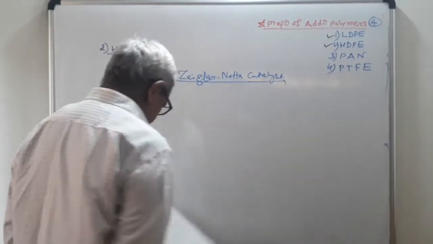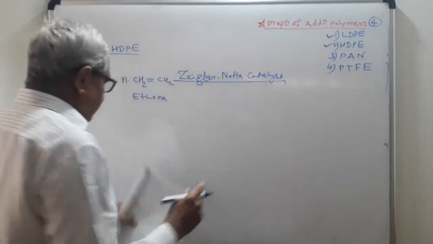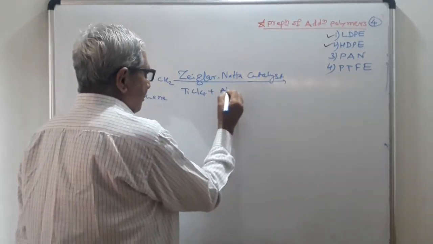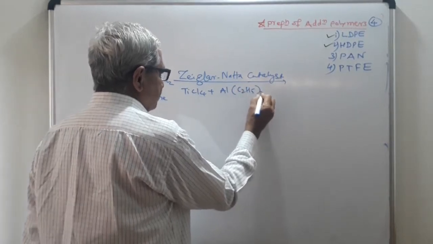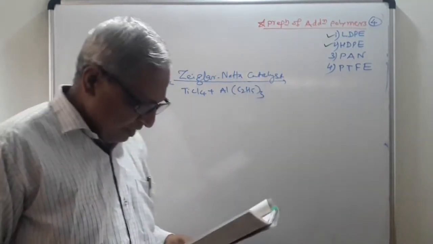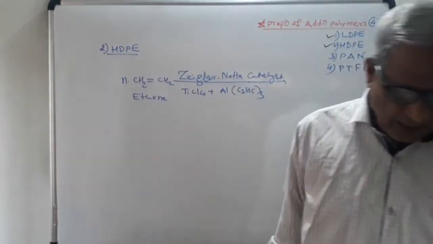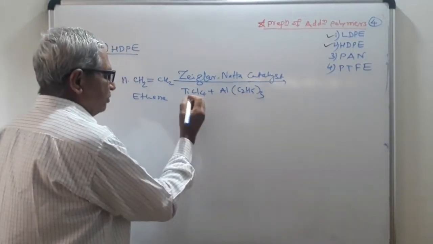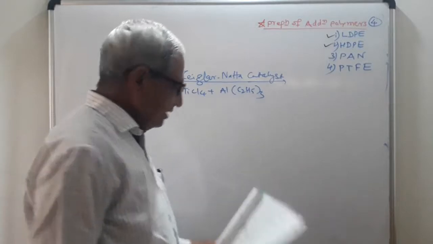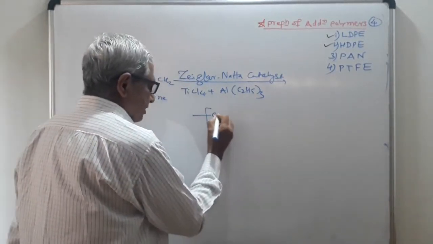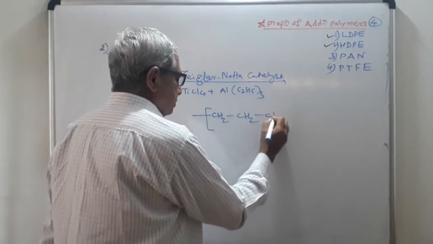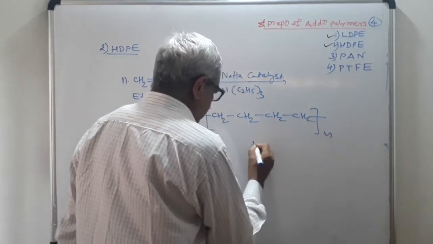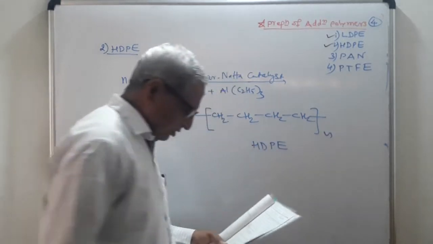Now, Ziegler-Natta catalyst is the mixture of titanium chloride TiCl4 and aluminium triethyl, Al(C2H5)3. So this is carried out in presence of titanium chloride and triethyl aluminium, which act as catalyst, and you will get the structure CH2-CH2, n times, and this is called high density polyethylene.